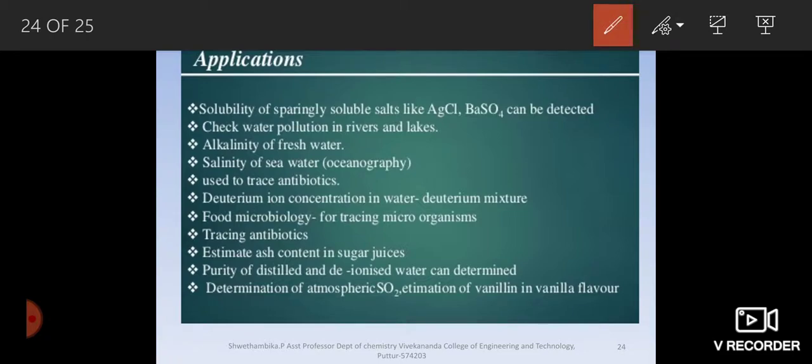Some of the applications for society are listed here. The solubility of sparingly soluble salts could be detected. Water pollution could be studied in rivers and lakes. Alkalinity and salinity of water could be studied in oceanography. We can also use it in the medicinal field to trace antibiotics and microorganisms.